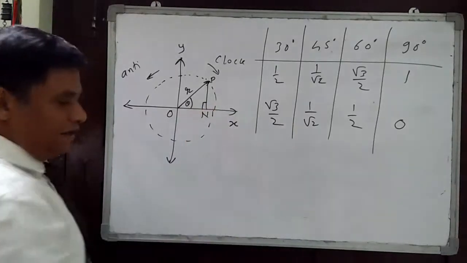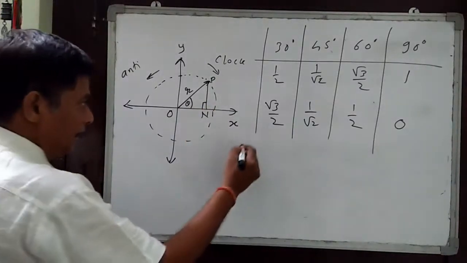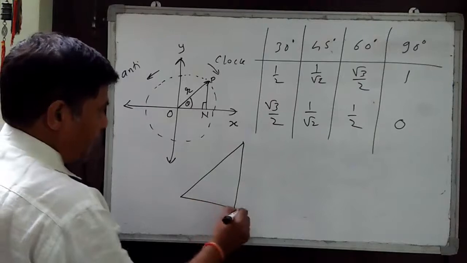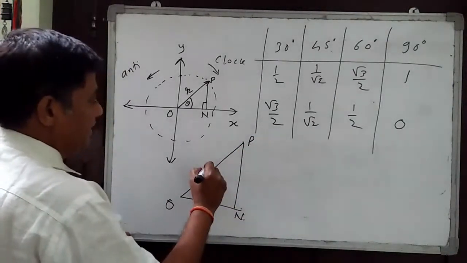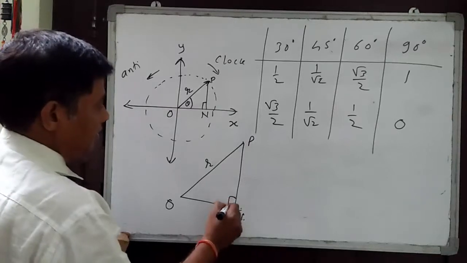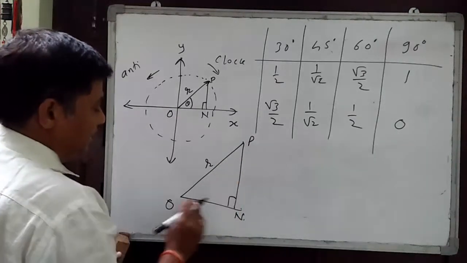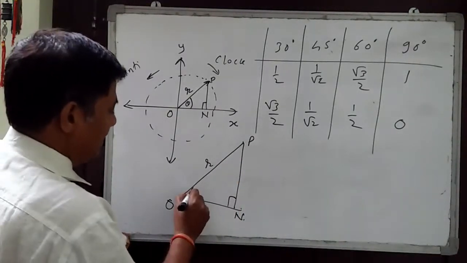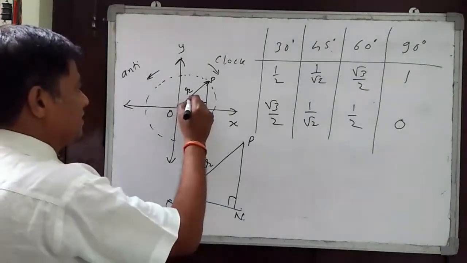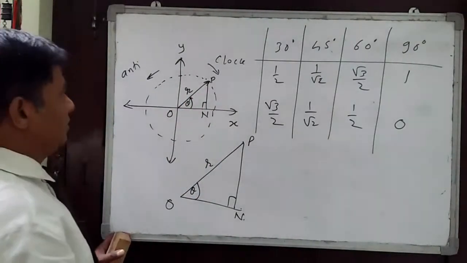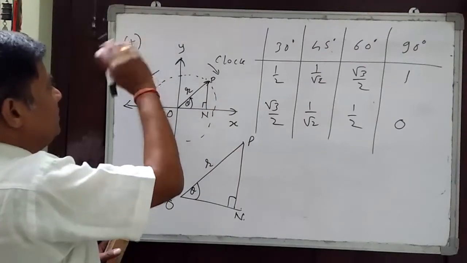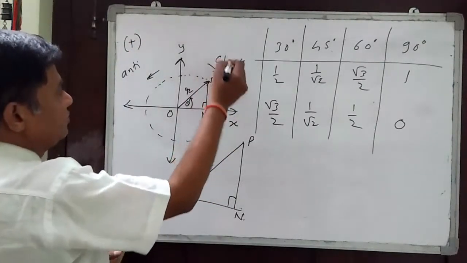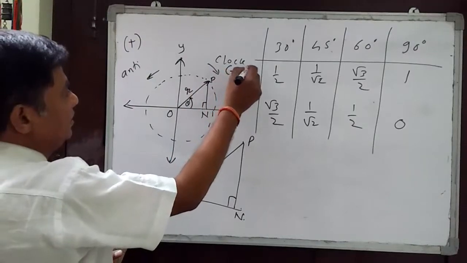This point is suppose N. So in right angle triangle OPN, the hypotenuse is r, this is PN and this is ON, and this angle is theta. We are measuring this angle in anti-clockwise direction. According to the notation, anti-clockwise measurement is considered positive, whereas clockwise is considered negative.